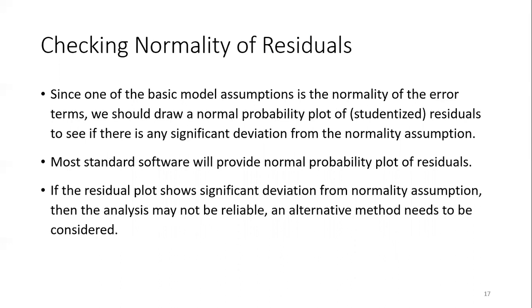Another check: one of the basic model assumptions is the normality of the error terms, so we should also draw a normal probability plot of the studentized residuals to see if there is any significant deviation from normality.